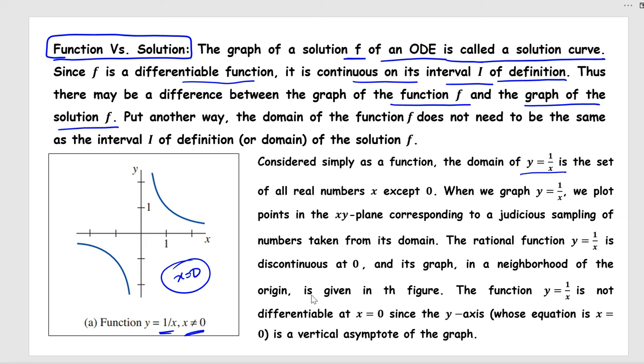When we graph y equals 1 by x, we plot points on the xy plane, with numbers taken from its domain. The rational function y equals 1 by x is discontinuous at 0.